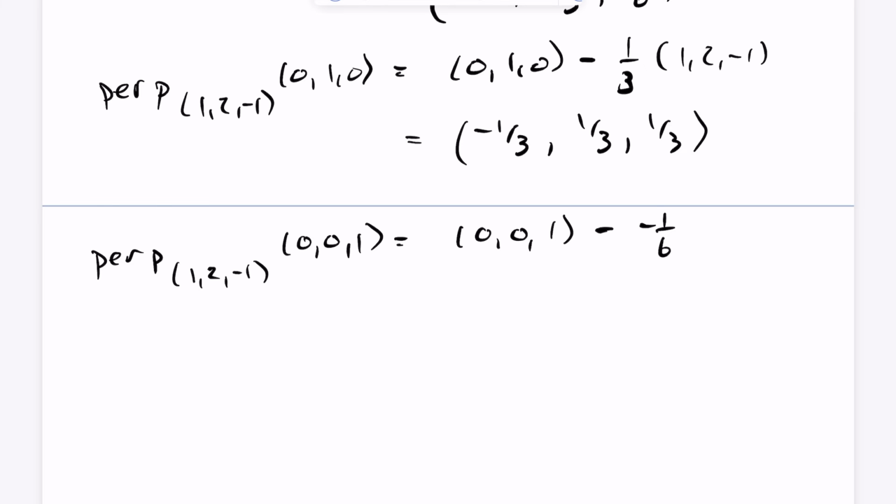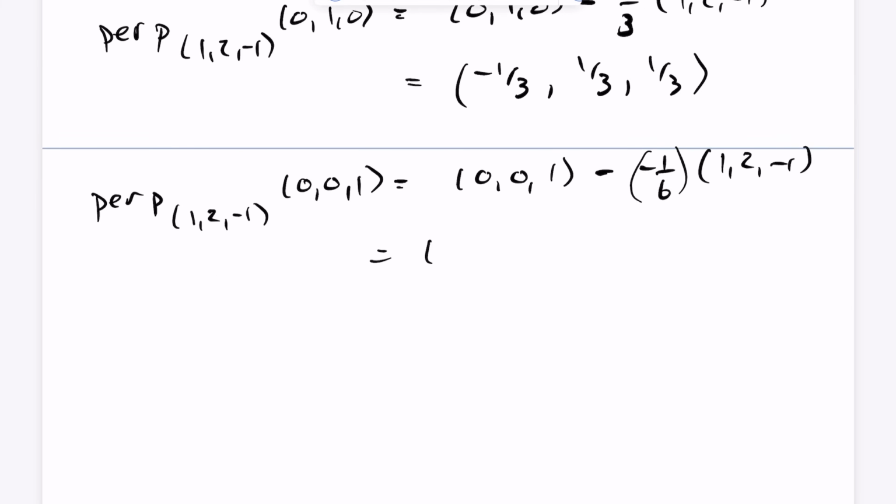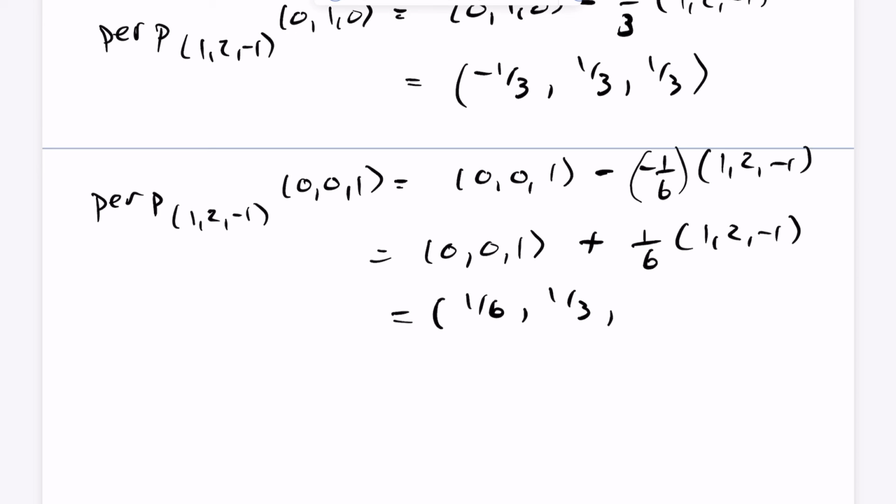This is going to be negative 1/6. And cleaning this up, I get 0, 0, 1 plus 1/6, 1, 2, minus 1. And doing my calculations here, I'm going to get 1/6, 1/3. And lastly, this is going to be 5/6 for this vector.